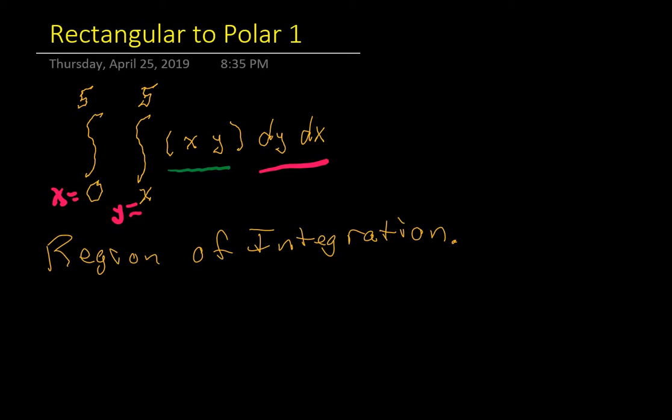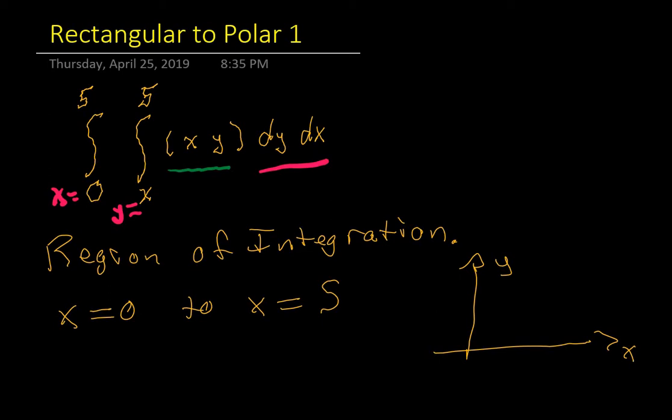We've got boundaries. x goes from 0 to 5. If I were to make a little homemade graph, there's my x-axis and y-axis, so it's going to go from 0 to 5 on the axis.